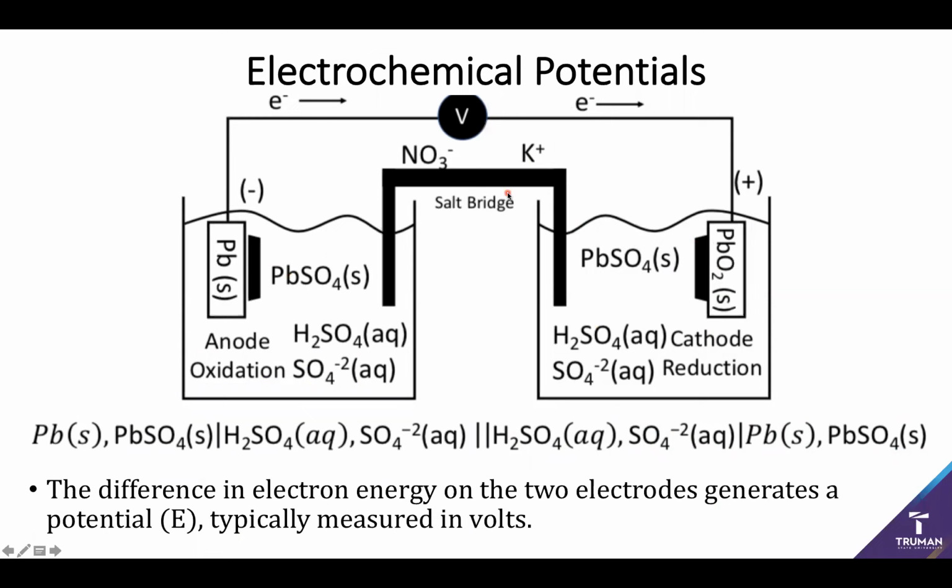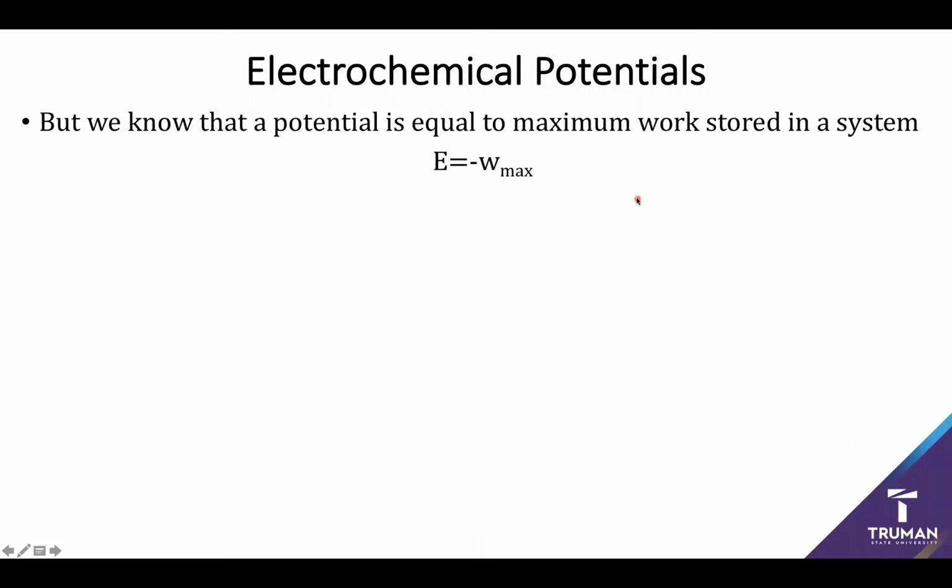So now what I'm curious about is, what does this voltage passing through the cell really tell me about the system? We've already ascertained that a potential is related to the maximum work stored in a system. So the potential is related to the negative of the maximum amount of work.